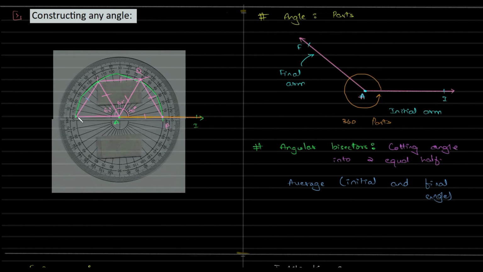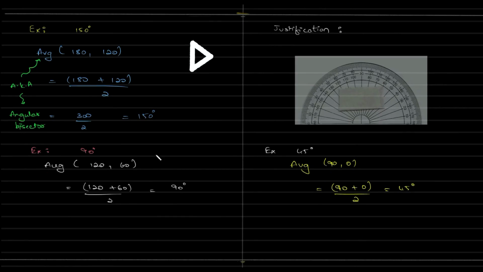Since we want 120 and 180, we'll cut all of this and we'll reach 120 and 180 and take an angular bisector between 120 and 180 and then join the vertex and this point, and that will give us 150°. Okay, so this is how you will get 150°. So this we will see practically now.